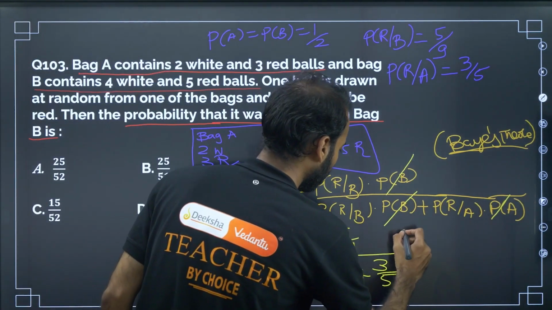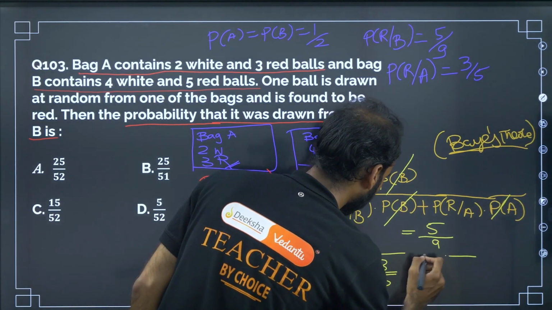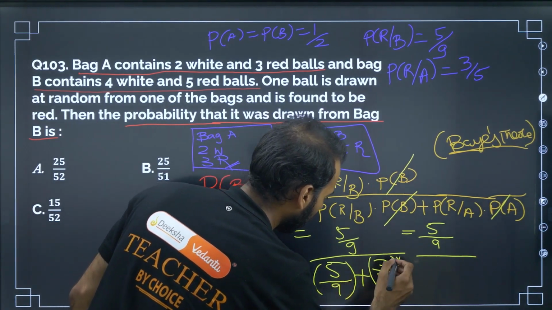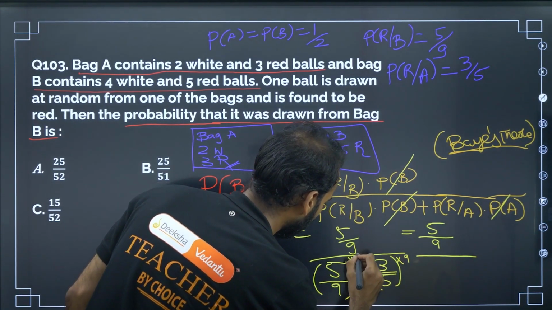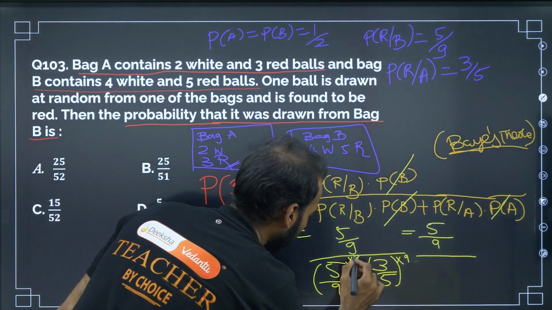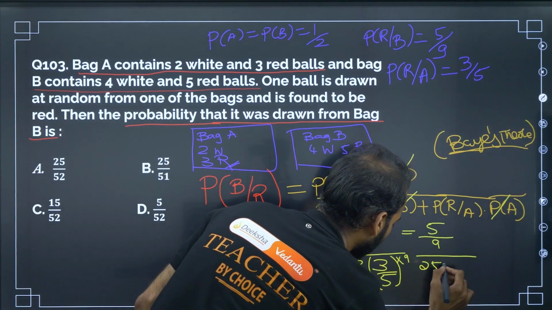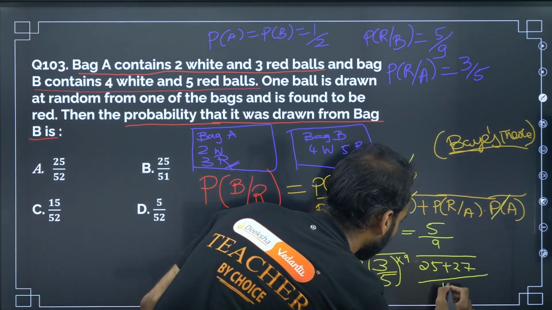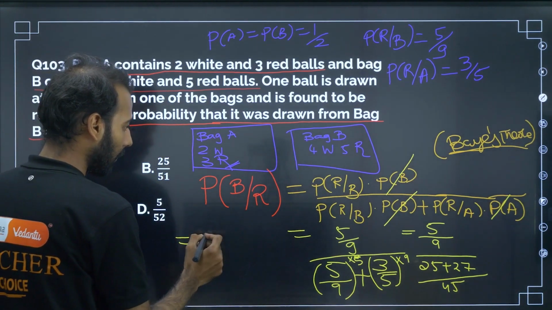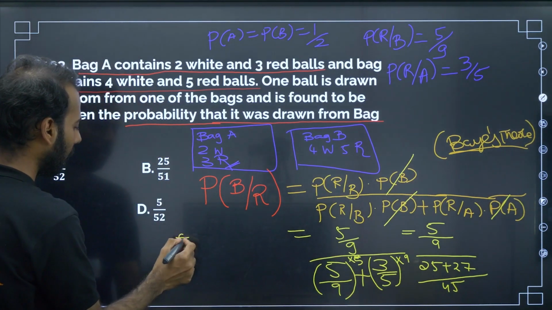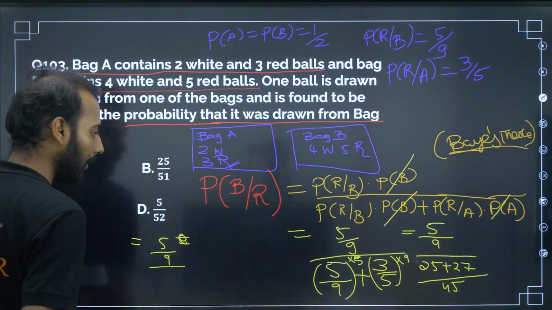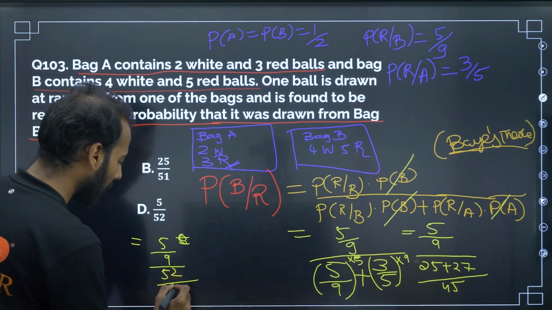Now the simplification part we generally leave to students. Let me take the LCM, all the drama you already know. So this is 25 plus 27 by 45. Now what happens if we simplify further? 5 by 9 divided by 25 plus 27, which is 52, divided by 45.